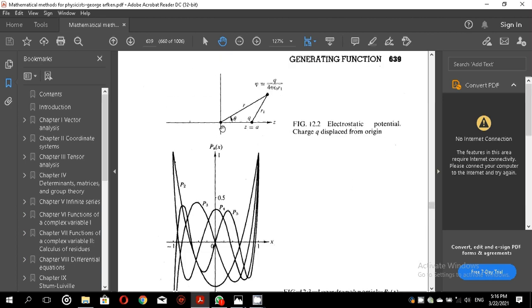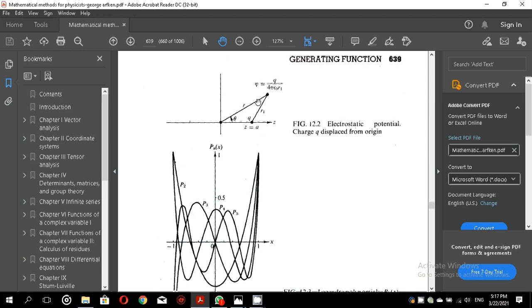You see that the charge is placed on the z-axis at z equal to a, and we have to find the electrostatic potential at a point P which is distant r from the origin and at distance r1 from the charge. And we know the electrostatic potential using Coulomb's law: phi is equal to q over 4 pi epsilon naught into the distance of the point from the charge, which is r1.